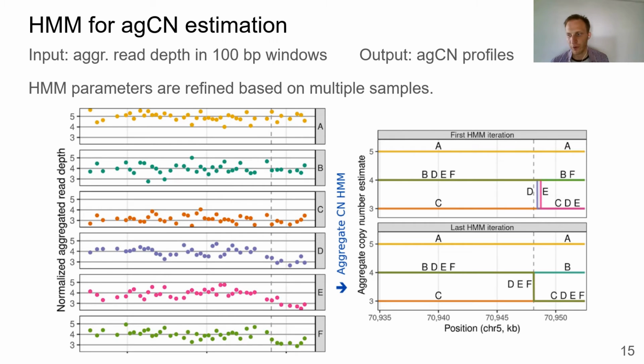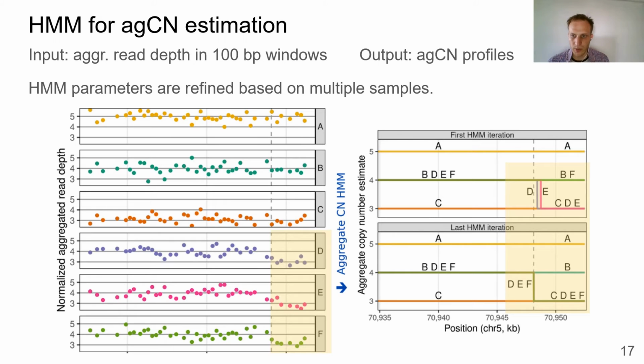Let's say we have many samples that have a deletion close to each other. We can use that information to increase transition probability in that position, and it may help us to find more samples with a deletion. So in this example, 3 of the samples have constant copy number, and it's easy to identify them, but the last 3 samples have a deletion at the end.